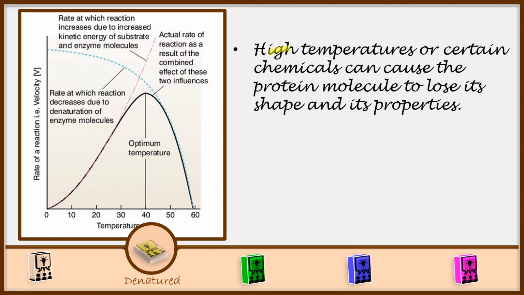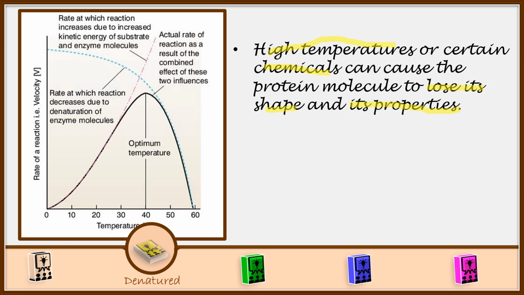Higher temperatures and certain chemicals can cause a protein molecule to lose its shape and its properties. So we have said that the amino acid arrangement is the one which is going to give the protein its shape and structure.